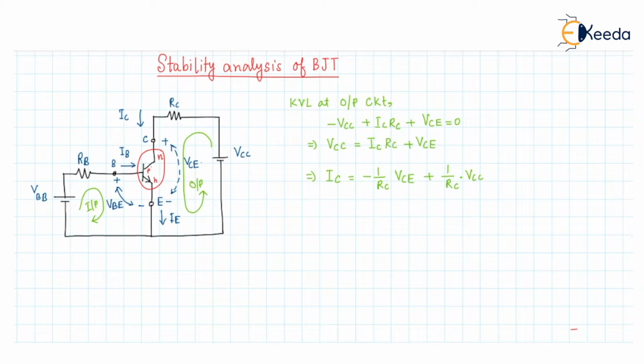This is the IC equation of the circuit. It is changing with respect to VCE and VCC. This circuit equation is similar to y equals mx plus c, so this will be a straight line plot.